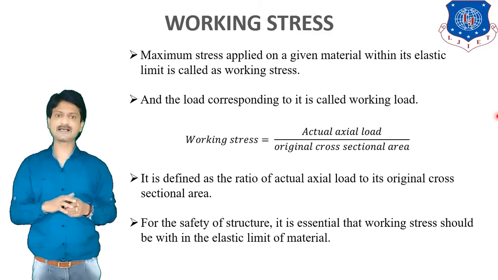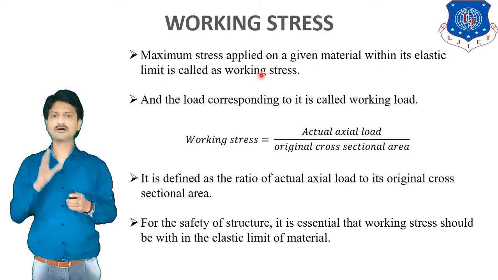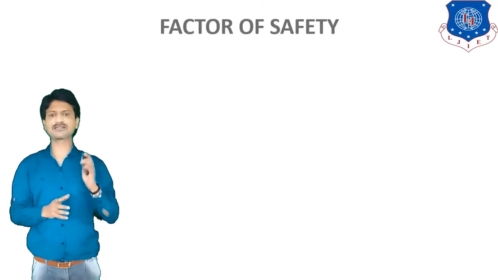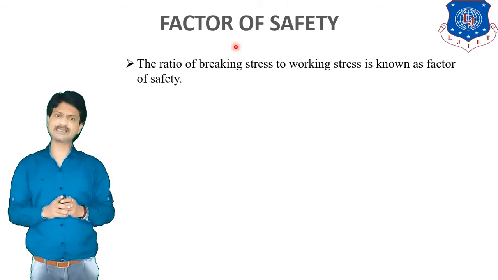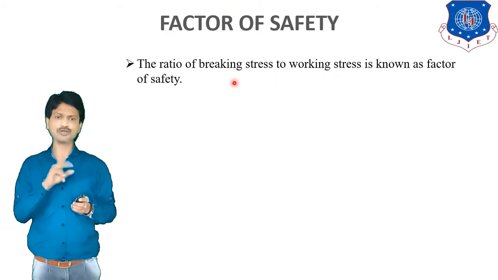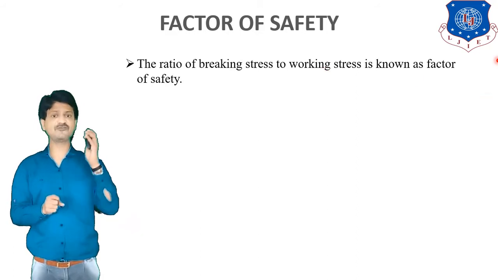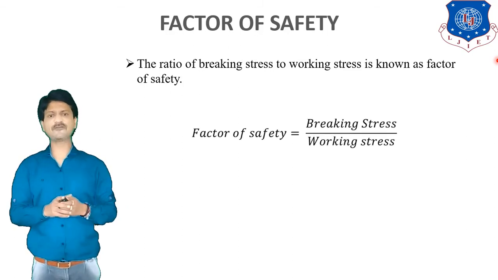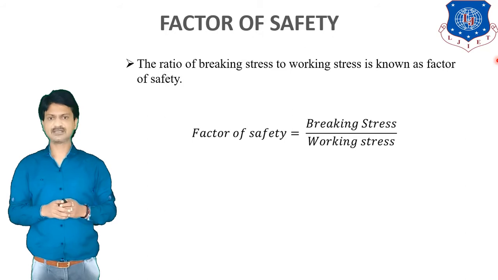So the maximum stress applied on a given material within its elastic limit is called working stress. Now, the next property is factor of safety. The ratio of breaking stress to working stress is known as factor of safety. We are aware of both these terms, breaking stress and working stress. Working stress must be within its elastic limit. So the factor of safety is defined as the ratio of breaking stress to working stress.